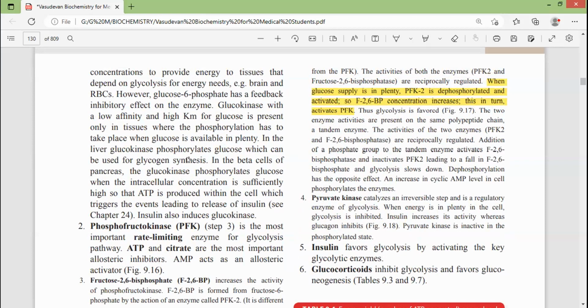So F26BP, fructose 2,6-biphosphate, is an activator. AMP is an activator. Then the inhibitors we found so far, ATP and citrate. So that is it about the rate limiting step. We have the two activators, AMP and fructose 2,6-biphosphate, then the two inhibitors, ATP and citrate.